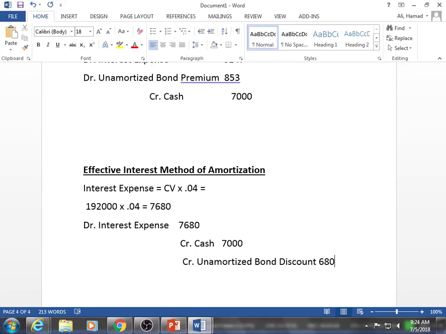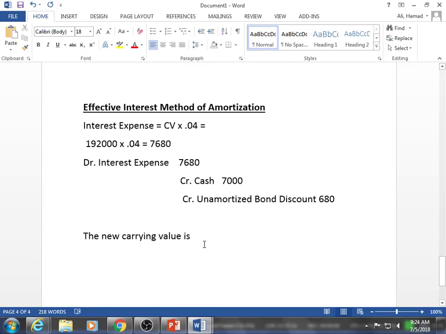So the new carrying value is 192,000 plus 680, which is equal to 192,680.